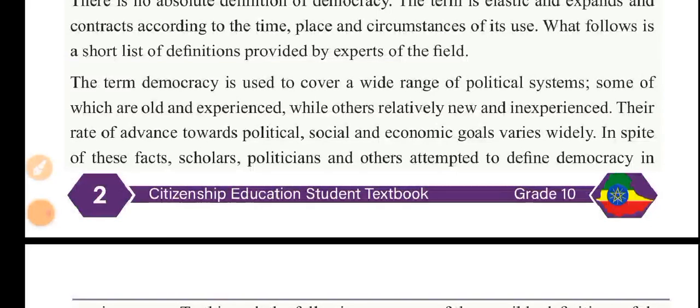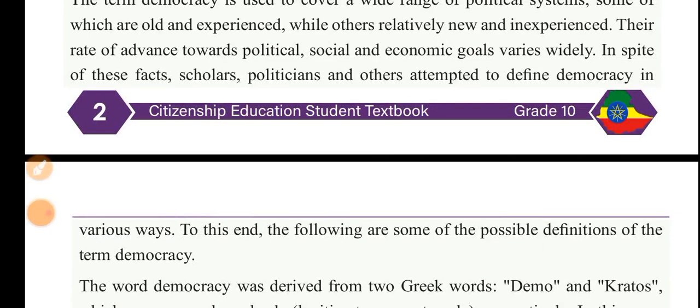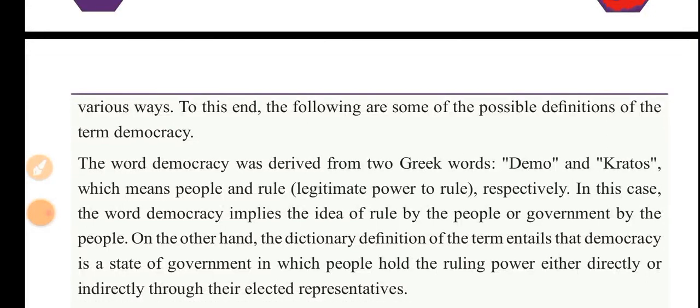In spite of these facts, scholars, politicians and others attempt to define democracy in various ways. Scholars, politicians and others have tried to describe democracy in different ways, these facts notwithstanding.